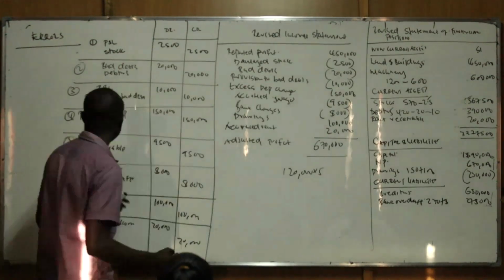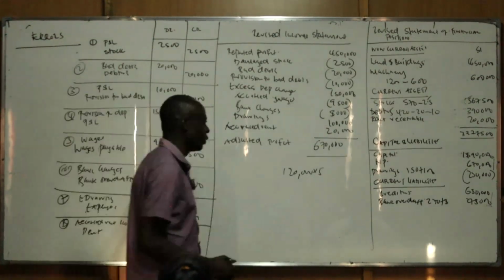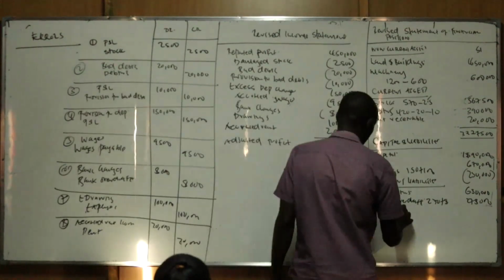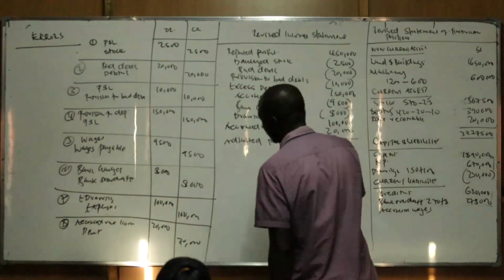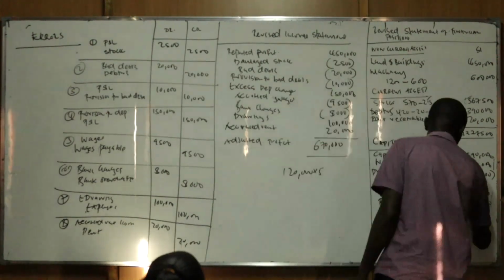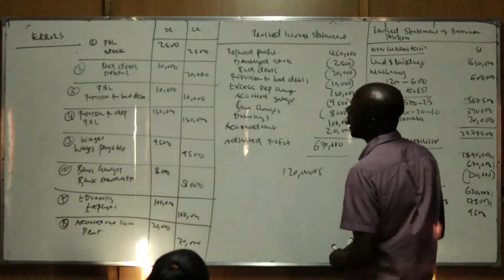Then we have accrued wages, which is how much? 9,500. Do you have any other thing? Nothing, isn't it?